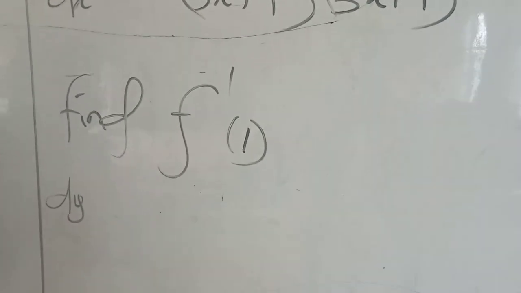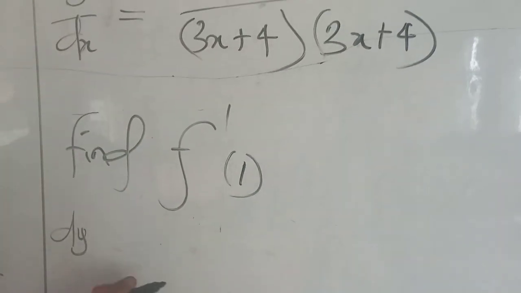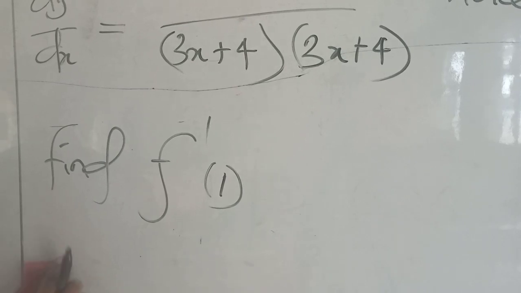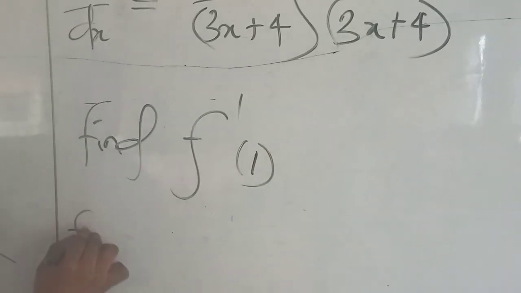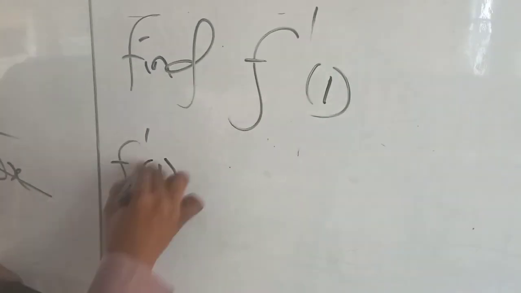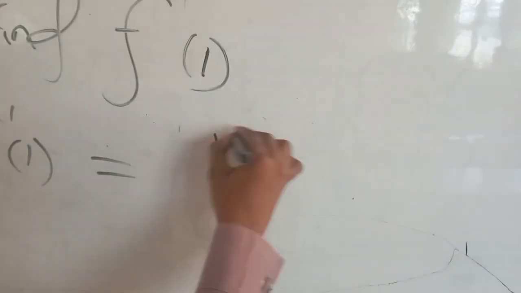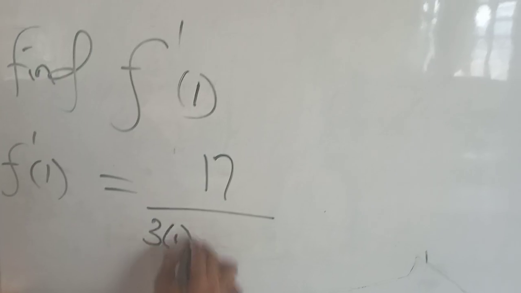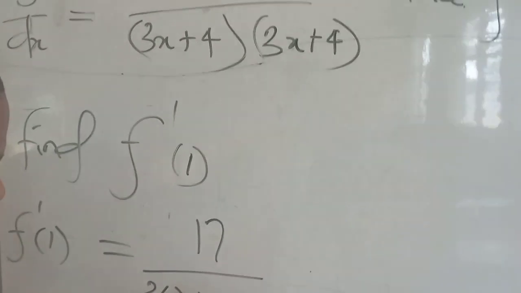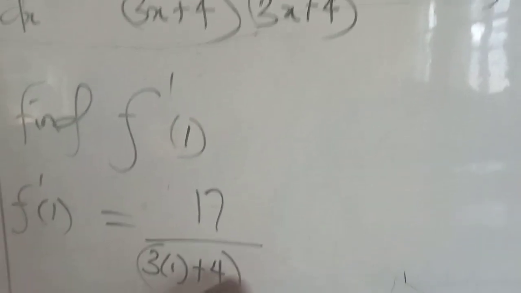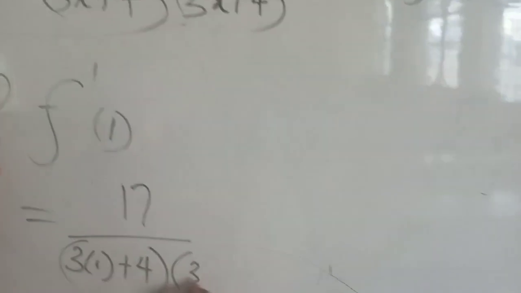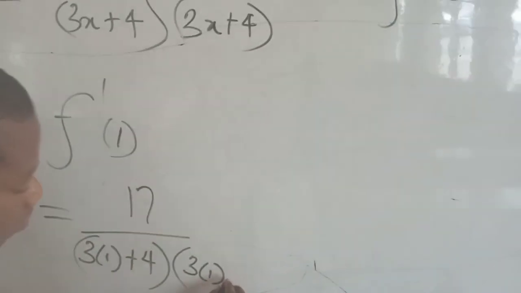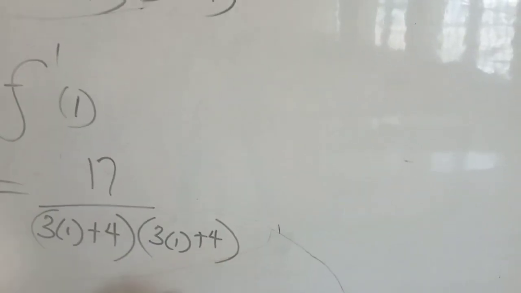I can still use dy dx, but there's no point in using it. Let me just use f prime 1 is now equal to 17 over 3x, which means 3 into 1. Anywhere you see x, put 1, plus 4 into bracket 3x, which is 3 into 1 plus 4, close the bracket.